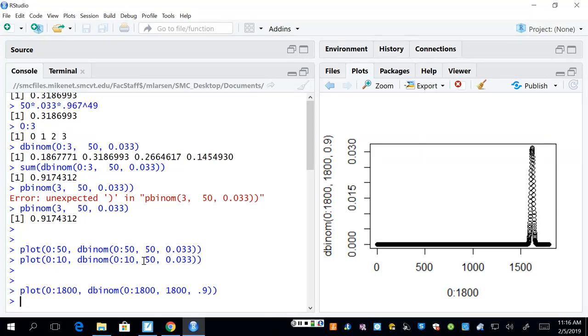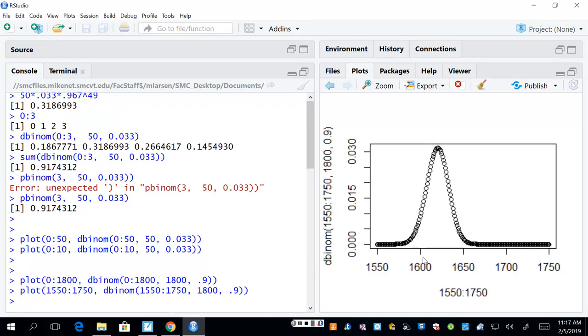It's 0 for almost all the outcomes, except in this narrow band where you have some chance of actually seeing things. It's almost impossible to get 1,000 out of 1,800 when you expect 1,620. If we restrict this more to a relevant range, say 1,550 up to about 1,750, just for plotting we don't have to be exactly symmetric.